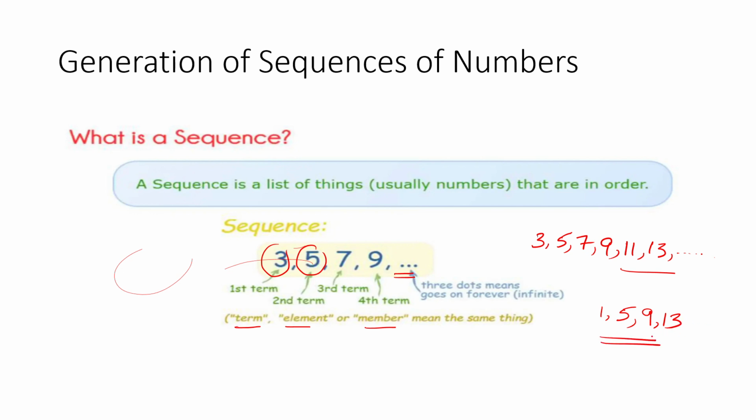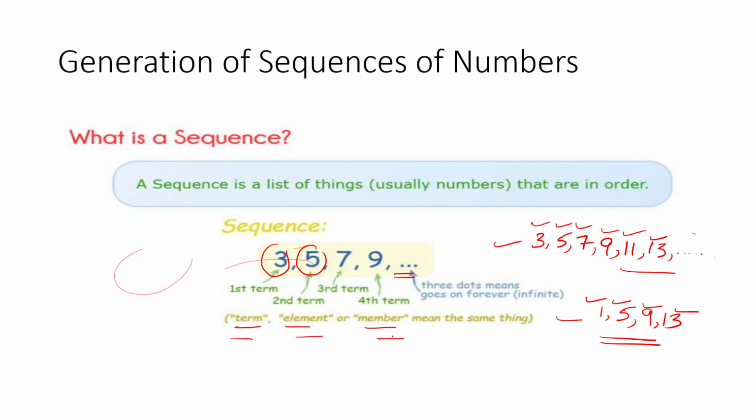It is having only 4 elements, 1, 5, 9, 13, but here it is having infinite elements in the sequence: 3, 5, 7, 9, 11, 13, and again it can be 15, 17, like that. This is an infinite sequence and this is a finite sequence.